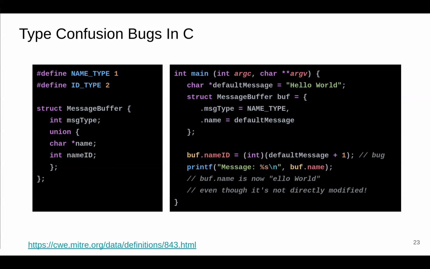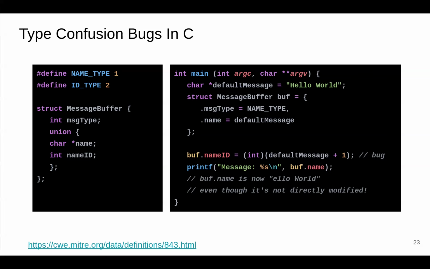Now the programmer here made a bug that an attacker could set an arbitrary integer value into the name ID, which thereby overrode the pointer that we set before. Right? So these two, name ID and name, clash.